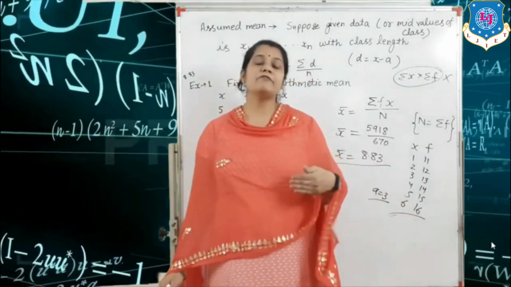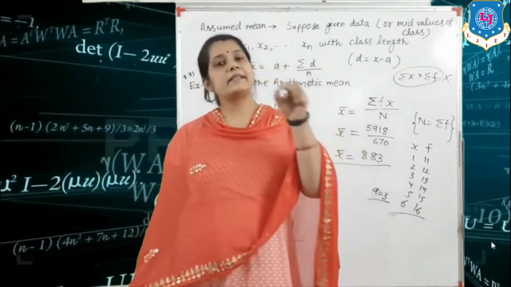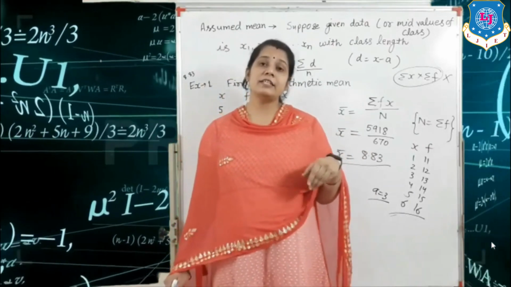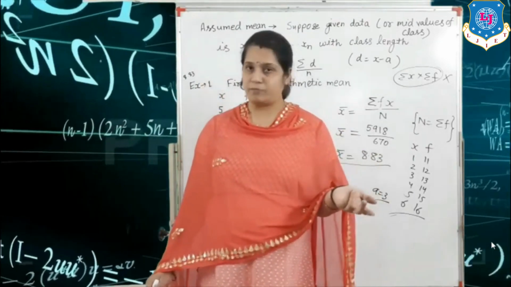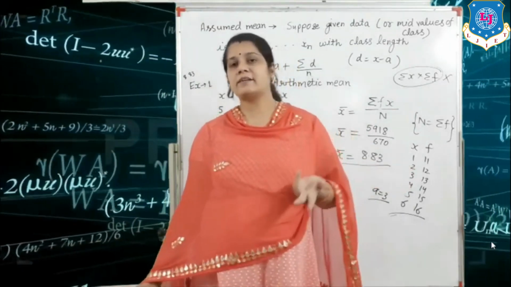Got it? So if your question is given with an odd number of terms, you consider the middle value as your assumed mean. But if the number of terms is even, you can randomly select between the two terms, both are correct.